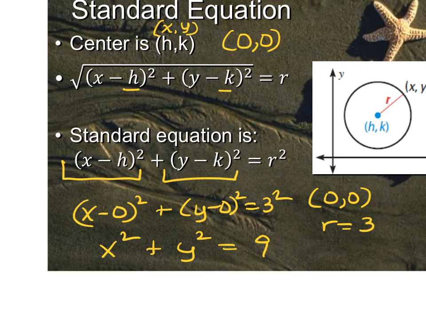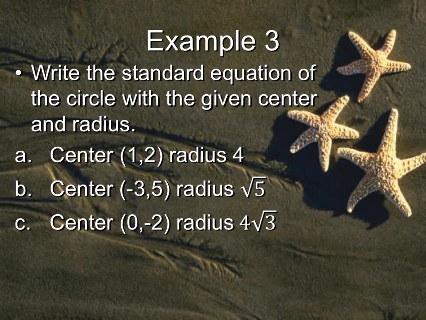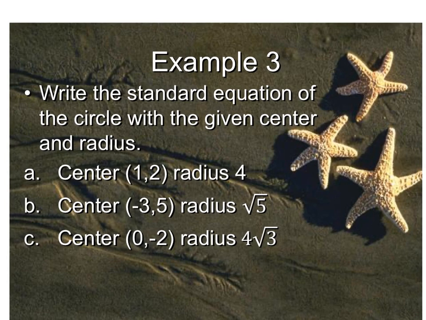But let's go ahead and try some problems where our center is not at the origin. So we have 3 examples again. I'm going to write the formula up at the top. The standard form of the equation is x minus h squared plus y minus k squared equals radius squared.